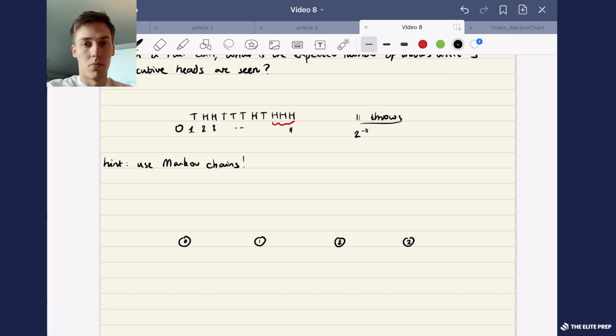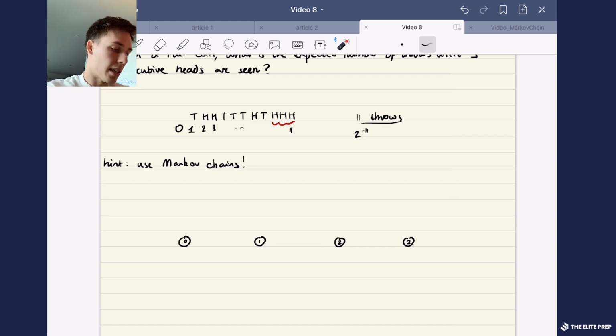Once you've written the states, we want to fill in the transition probabilities for each of these states. The question can be rephrased as follows: if we start at state 0, what is the expected number of steps to reach state 3? Because state 3 represents that we have thrown 3 consecutive heads. So this is exactly the situation that we want.